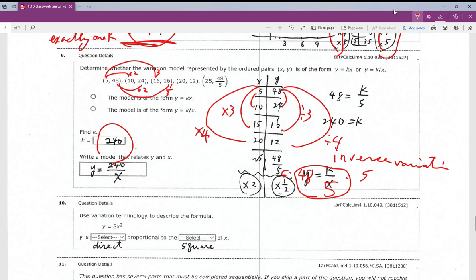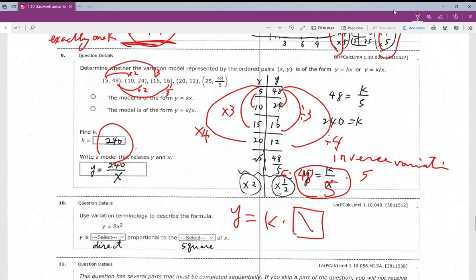Number 10. Use variation terminology to describe the formula. So this pretty much looks like y equals k and something.